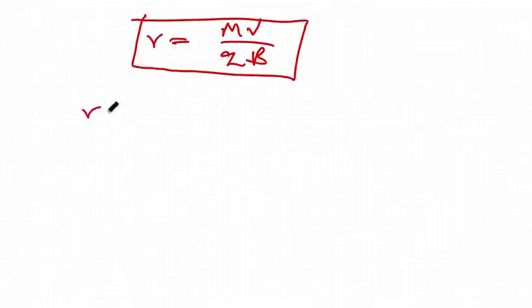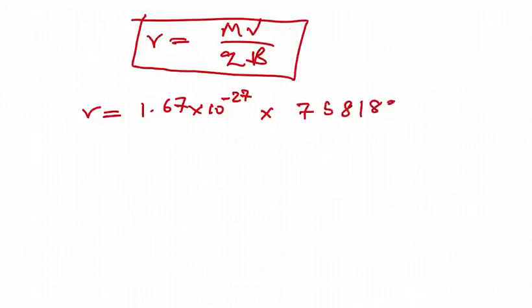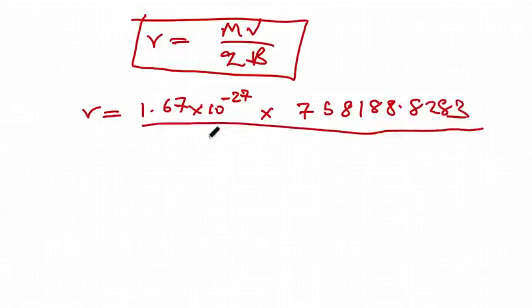R is equal to the mass of the proton, which is 1.67 times 10 power minus 27, multiplied by the velocity or the speed, which is 758,188.8283, divided by the charge, which is 1.6 times 10 power minus 19, multiplied by 0.80 Tesla.